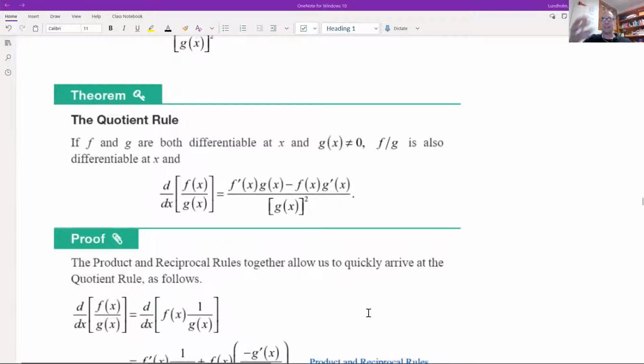But yeah, here we have the quotient rule, and there's a lot of symbols going on. And yeah, the way that I still remember the order of which thing gets a prime and which one doesn't is still the same thing I learned in high school, which is low d high minus high d low all over low low.